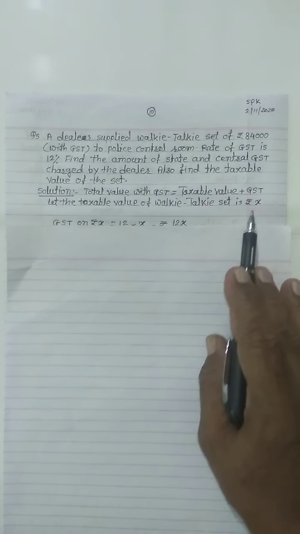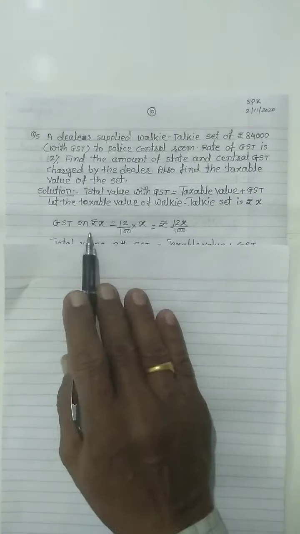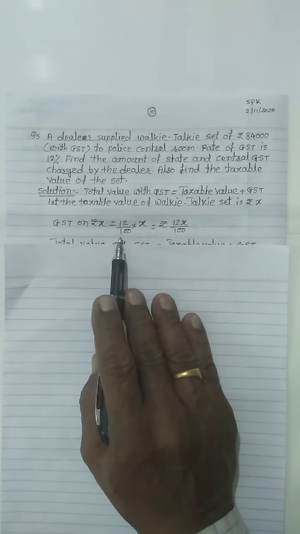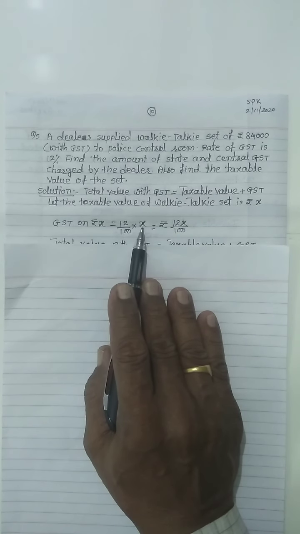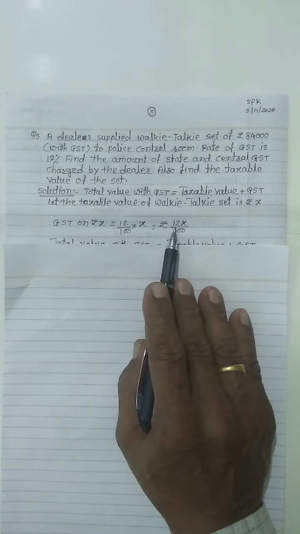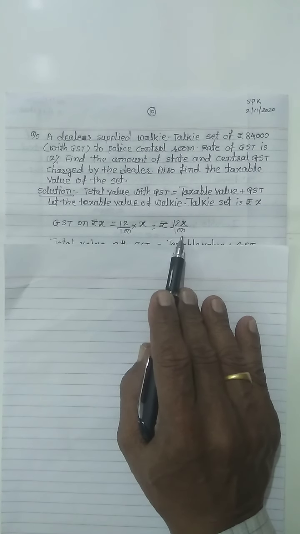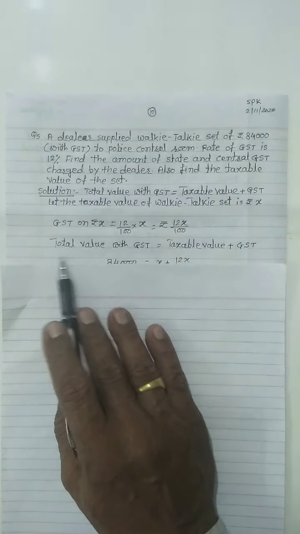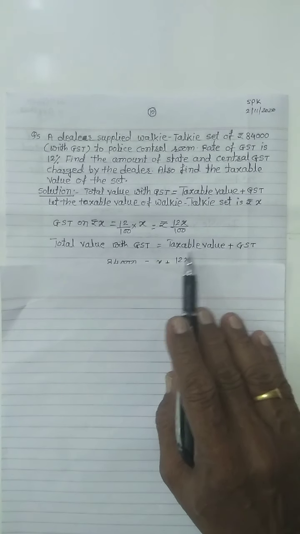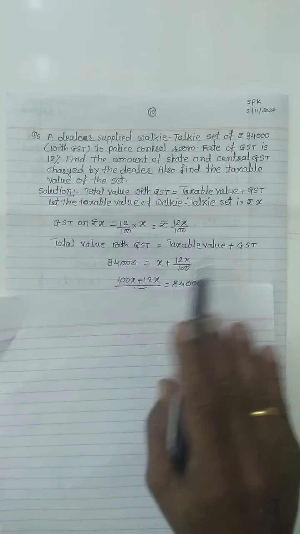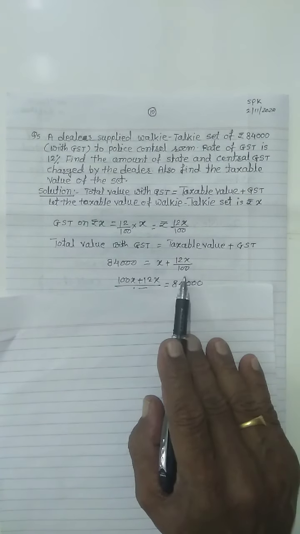Then GST on X equal to percentage of GST 12 by 100 into the taxable value X, that is 12x divided by 100.